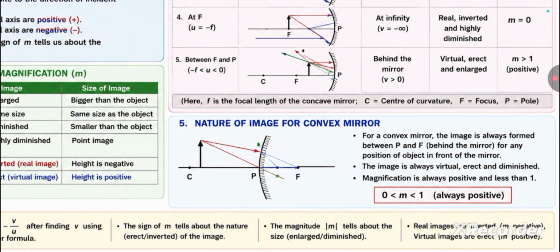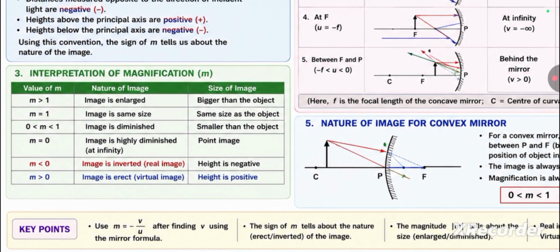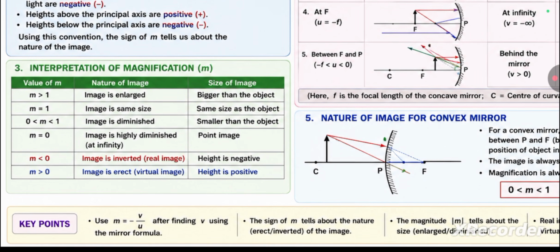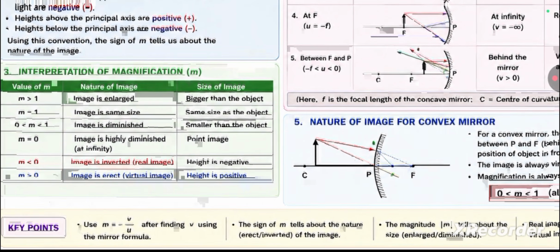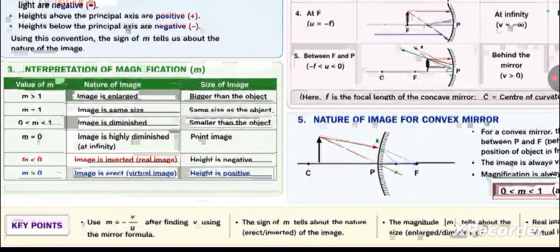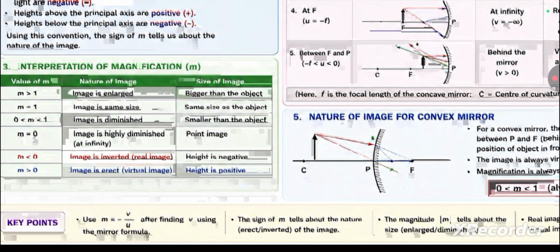Okay. I hope all of you understand the magnification of concave and convex mirrors. Here are some key points to learn. Use m = -v/u after finding v using the mirror formula. The sign of m tells about the nature of the image, whether it is erect or inverted.